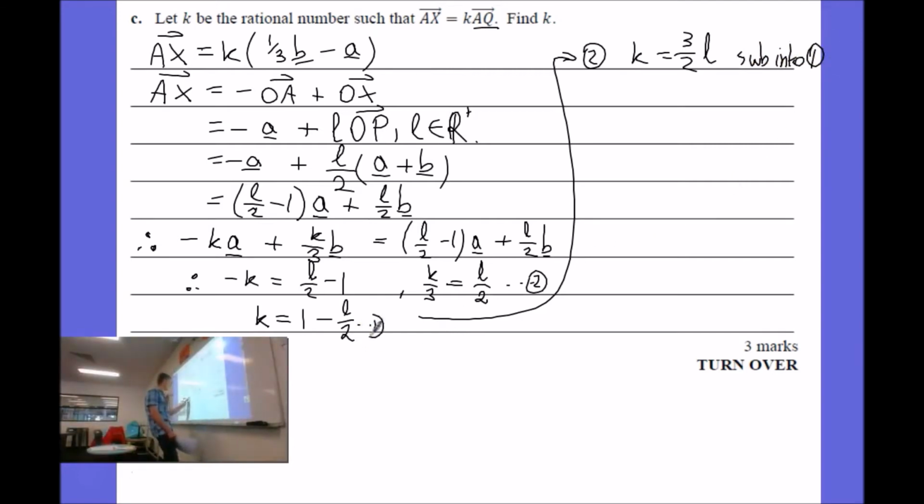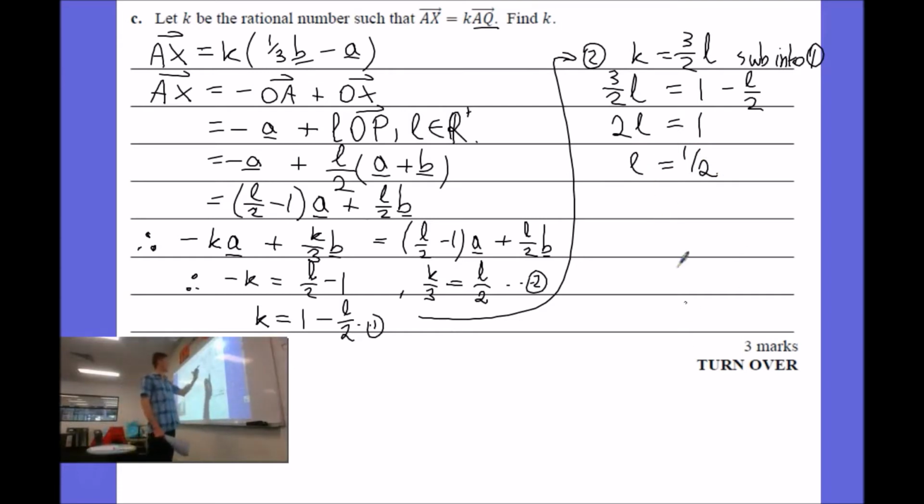Down here is number 1. So 3 on 2L is going to be the same as 1 minus L on 2. Almost there, so let's combine them. We get 2L is equal to 1. L is going to equal a half.